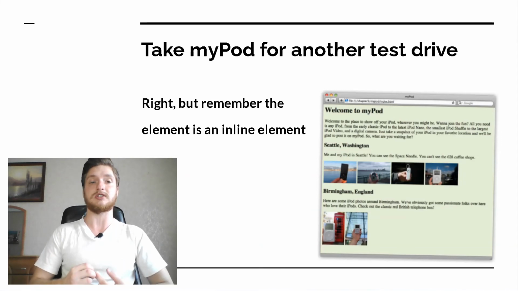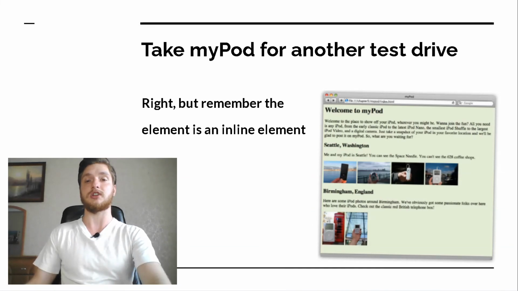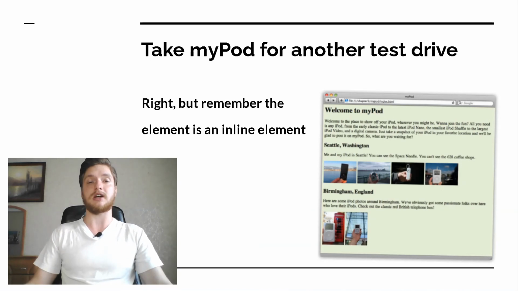Because image is displayed as an inline element, it doesn't cause line breaks to be inserted before and after the element. So if there are several images together in your HTML, the browser will fit them side by side if the browser window is wide enough. The reason the larger photos weren't side by side is because the browser didn't have room to display them next to each other.